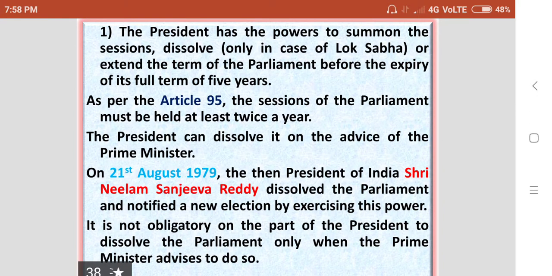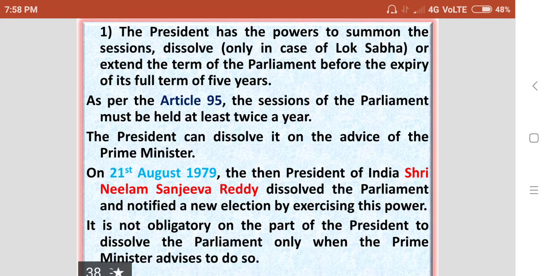The first legislative power of the President is to summon the sessions of the Parliament, to dissolve the Lok Sabha or extend the term of the Parliament before the expiry of its full term of 5 years. So, this is the first legislative power.